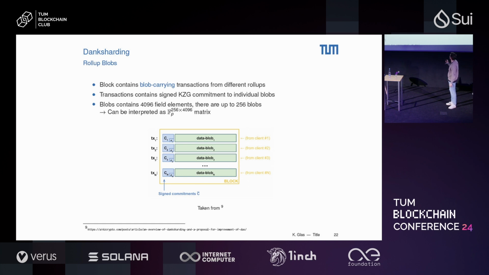Those come from clients, and those clients are basically rollups. This entire thing can be interpreted as a matrix. So we have 256 rows, and then we have 4,096 field elements. And here on the right, we can see the commitments to those blobs, the KZG commitments to the blob data.